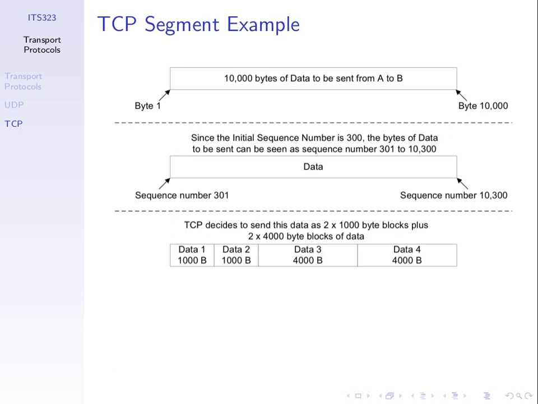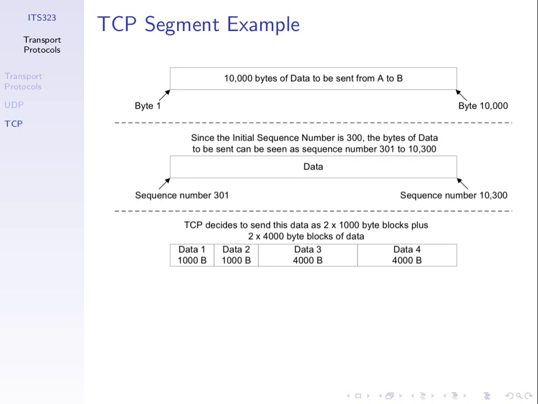The application delivers that to TCP inside our sending computer. And the way to think of how TCP uses sequence numbers is that it allocates each byte of data a sequence number. And it doesn't have to start from 0 or 1. It can start from some other value, which was negotiated when we set up the connection. It's called the initial sequence number.